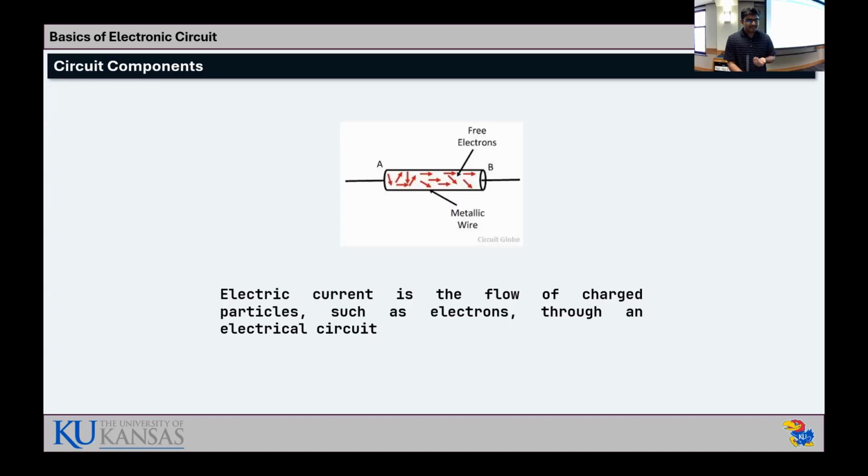Current is just the flow of electrons. If you measure how much electron is flowing, that's what you can measure and call current. So when you connect any component across two poles of a voltage difference, the electrons will go through this wire, and you can measure the current.